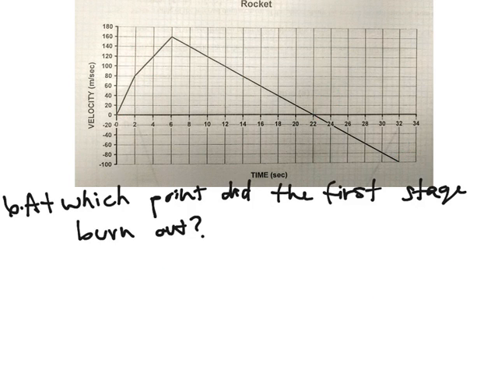Alright, question 6. At which point did the first stage burn out? That means at which point did the first engine burn out? Because rockets have 2. If you've ever watched a launch, you'll see it starts with 1, something breaks off, that fuel's gone, and it starts another engine on a different set of fuel. Let's think about this. If we're switching engines, what's going to happen to our acceleration? No 2 engines are going to have the exact same acceleration.